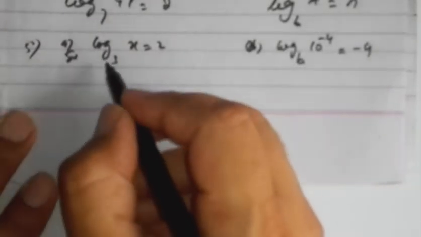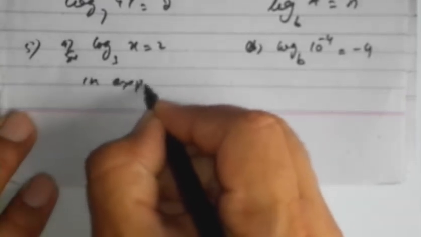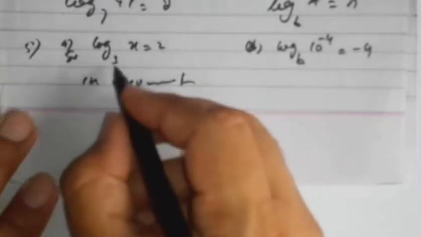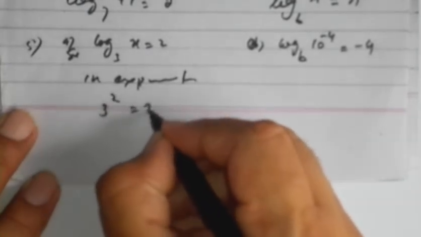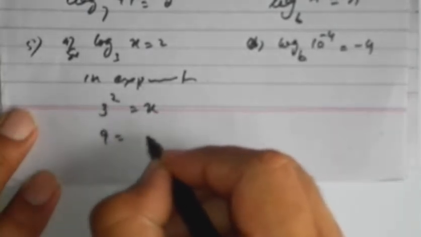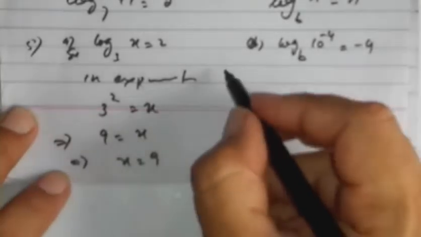Question number 5, find the value of x, y and b without using calculator. So solution, log to the base 3 of x equals 2. In exponential form, it can be written as 3 whole raised to the power 2 equals x, which implies that 9 equals x, so x equals 9.